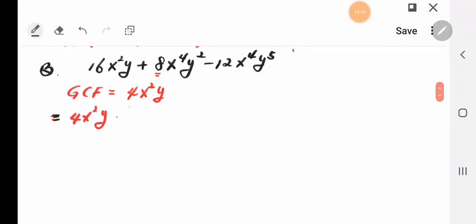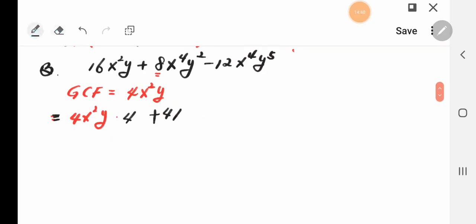So 4x squared went out. So from the first term, 4 times 4 is 16, and x squared went out, y went out. So that's it. So how about the second term? Okay, rewrite the second term as a product of the common factor and others. Okay, 4x squared went out.